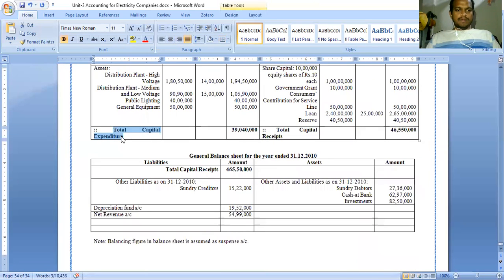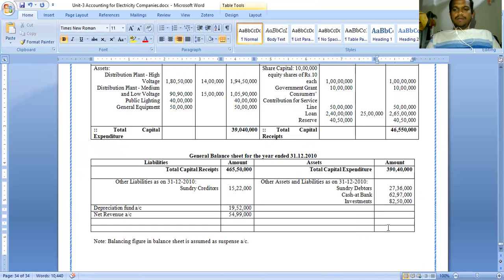Total capital expenditure, that is 390 lakh 40,000. Okay.